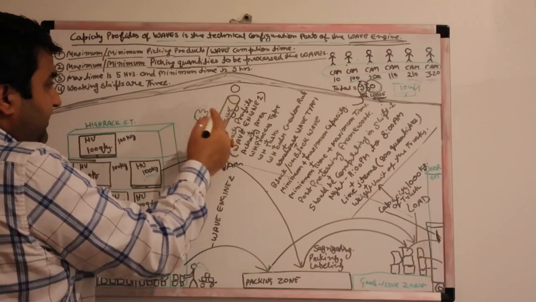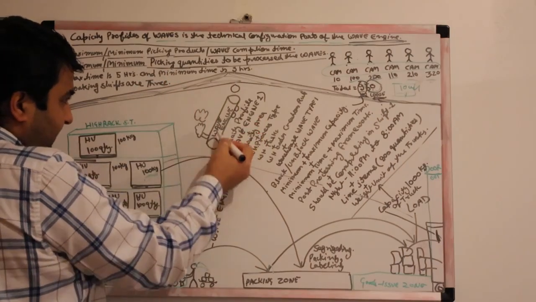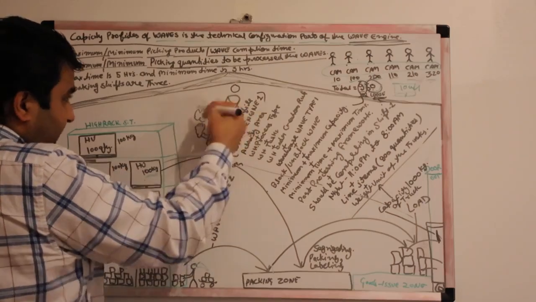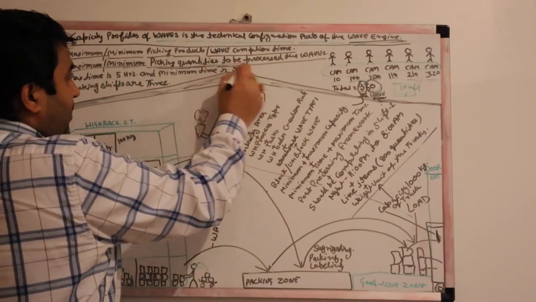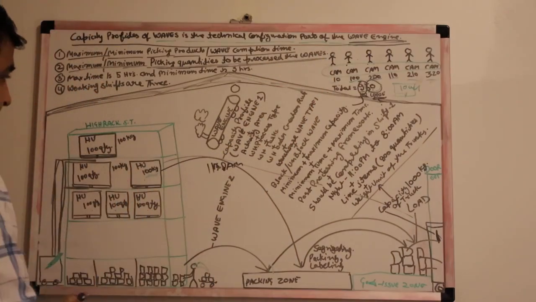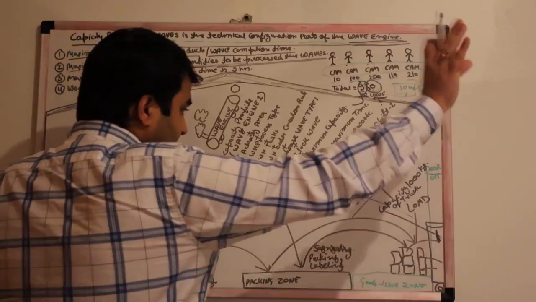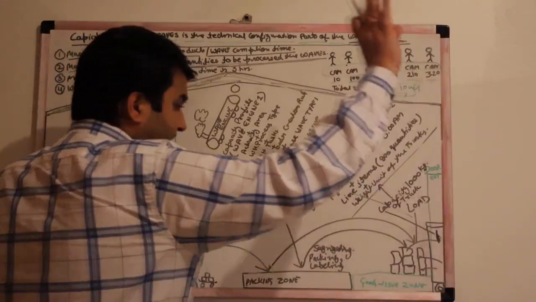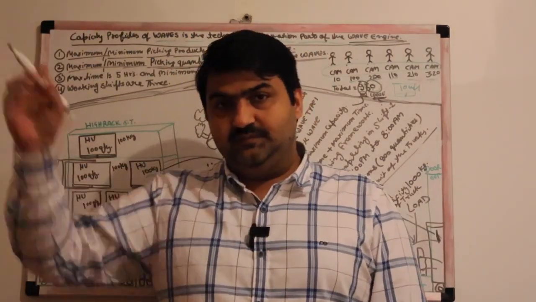So this is the wave engine, which contains these properties, maximum and minimum picking quantity to be processed through the wave. Wave means this entire flow till delivery, wave 1, till delivery, wave 2. Then routes will come into the picture.